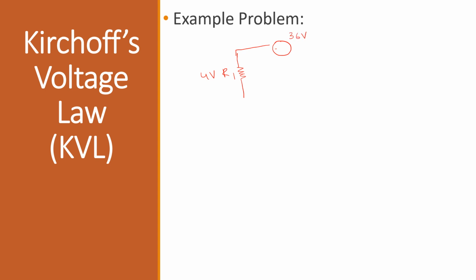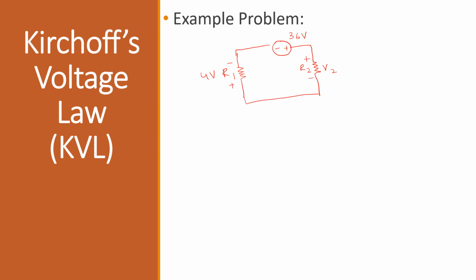This is the negative terminal of this source, and this is the positive terminal of this source. So this terminal of R1 is negative and this terminal of R1 is positive. Now this voltage source is further connected to resistor R2, and the voltage drop across resistor R2 is V2. This is the positive terminal and this is a negative terminal.